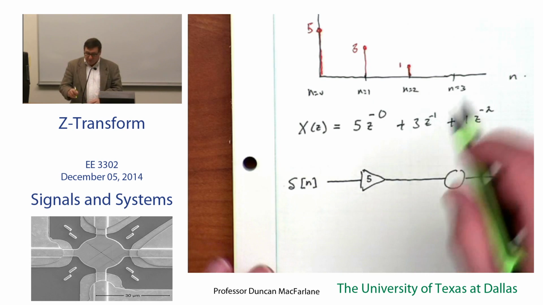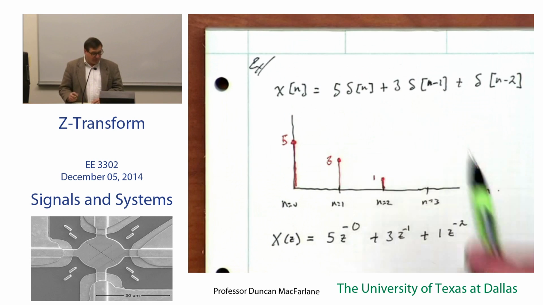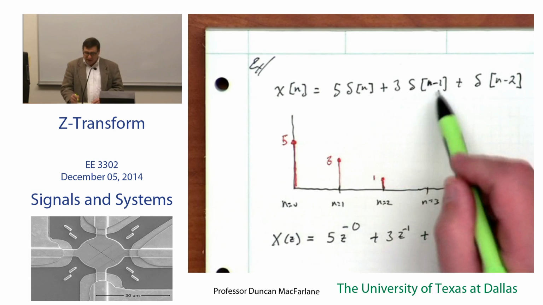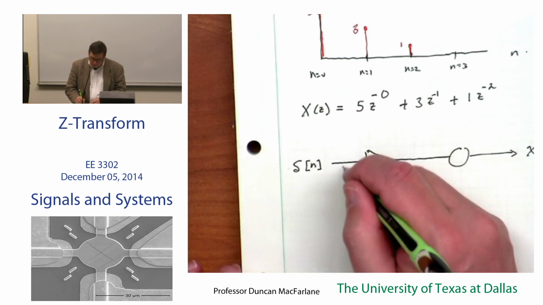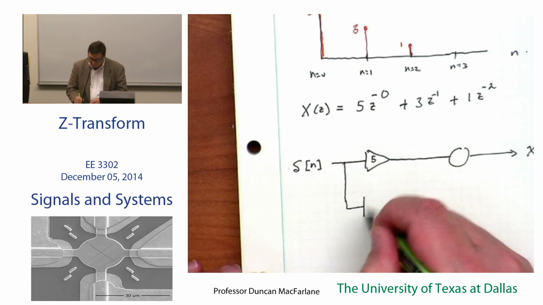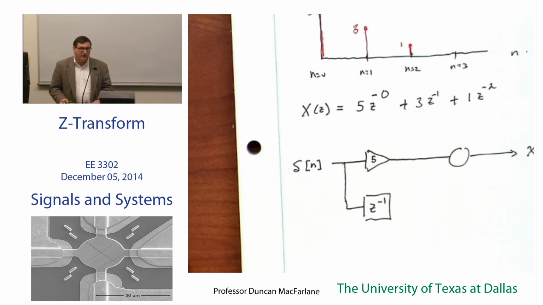I also need to build a 3 and delay it by 1 unit. So I will take my delta function and branch it off and delay it by a block z to the minus 1.